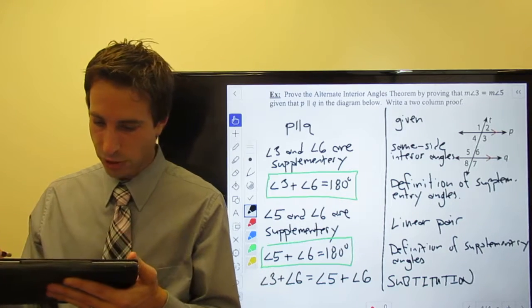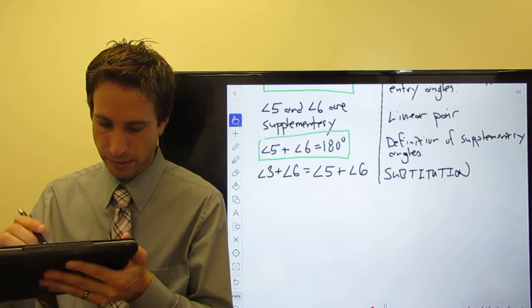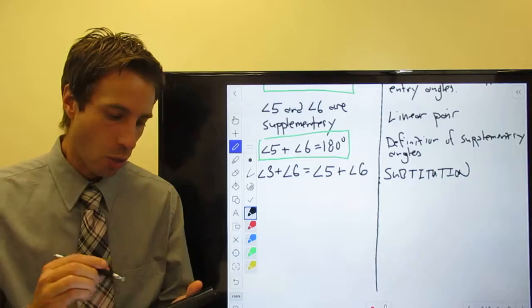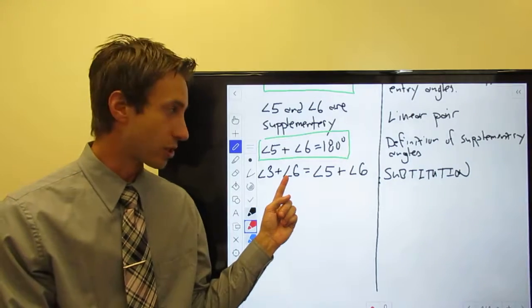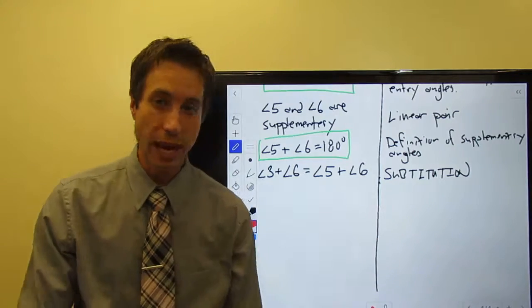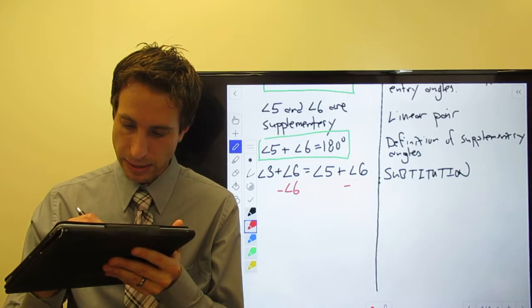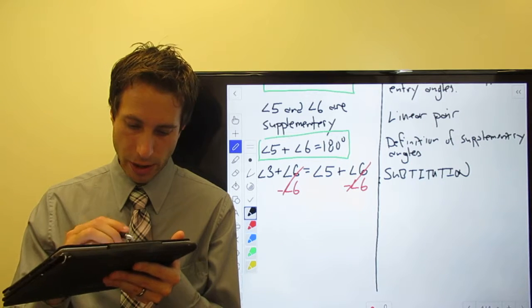Let me slide up just a little bit. We are almost there. You're practically done. In fact, you are done. Please notice, if I subtract angle 6 from both sides, minus angle 6, minus angle 6, look what happens. They cancel each other out.